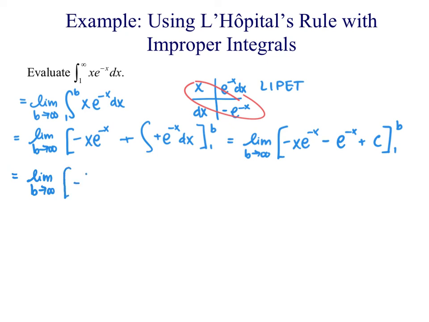All right, so negative b e to the negative b minus e to the negative b. Okay, now let's drop in 1, so plus e to the negative 1 and plus, so double negative, another e to the negative 1.